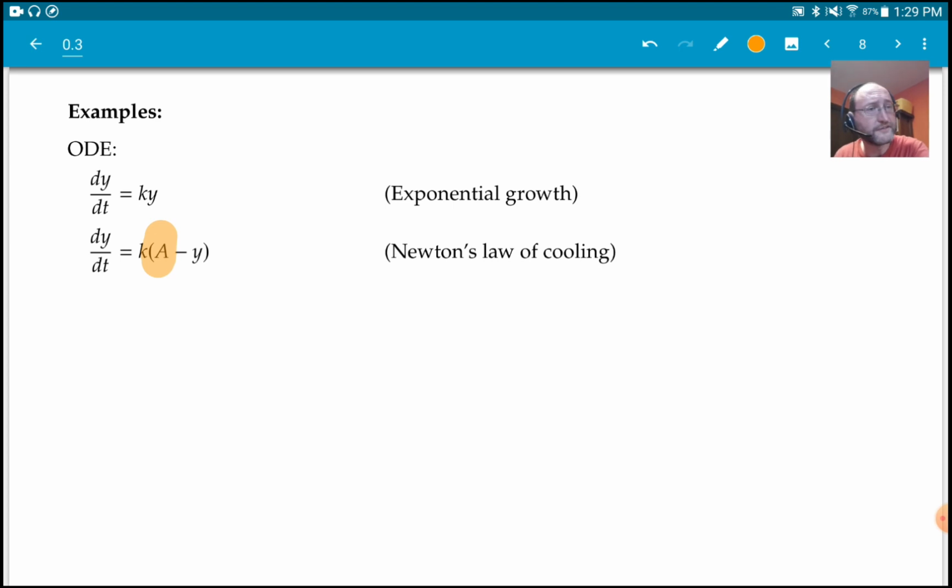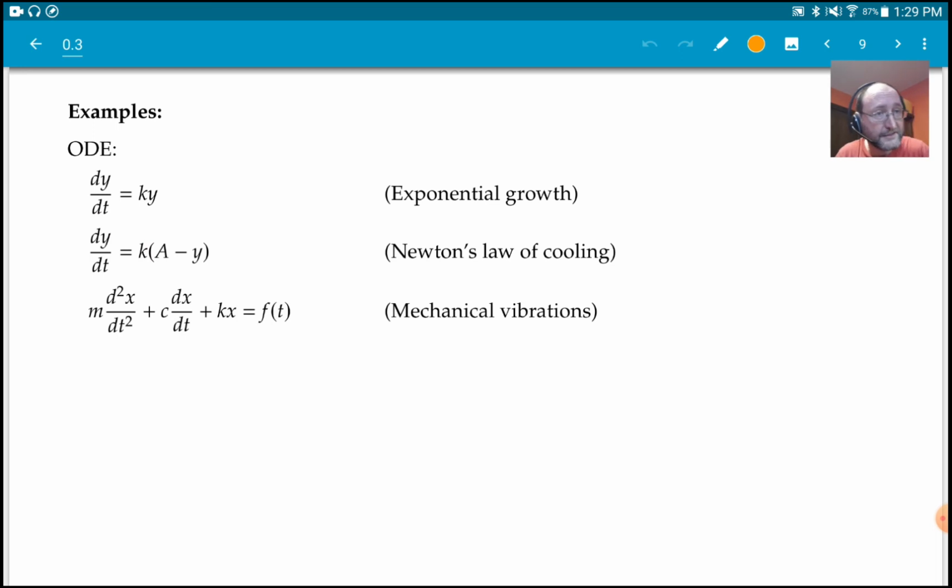So that's an ODE. y is the dependent variable, t is the independent variable again, so there's only one independent variable. Another one is mechanical vibrations. x is the position of a mass on a spring, and t is time, again.